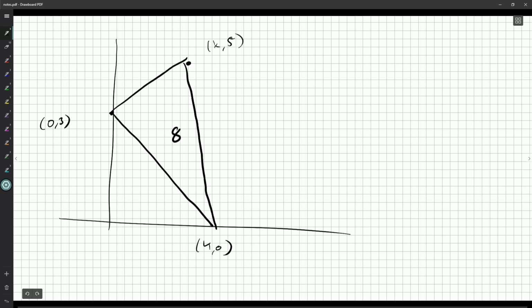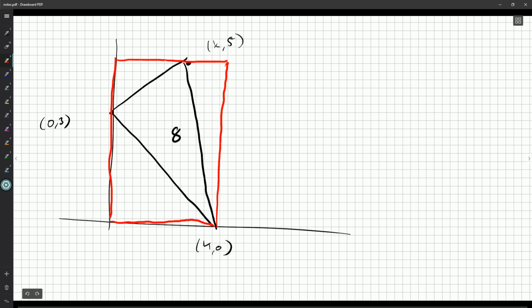Can we think of a way to calculate this area in terms of K? Because then we'll get a nice equation where blah, blah, blah in terms of K equals 8, and then we can solve for K. Well, knowing that K has to be between 0 and 4, we know that we're just on this little line segment here. What I'm going to do is box in my triangle with a big rectangle here.